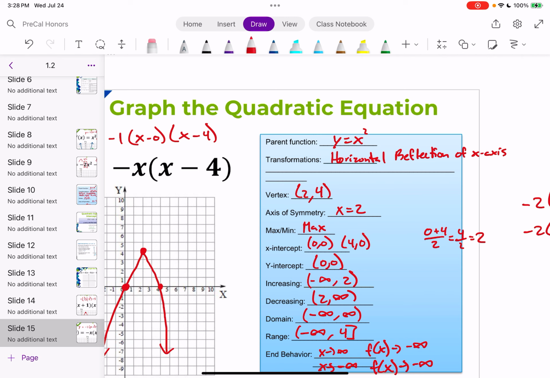We have a shift right by 2 units and a shift up by 4 units.